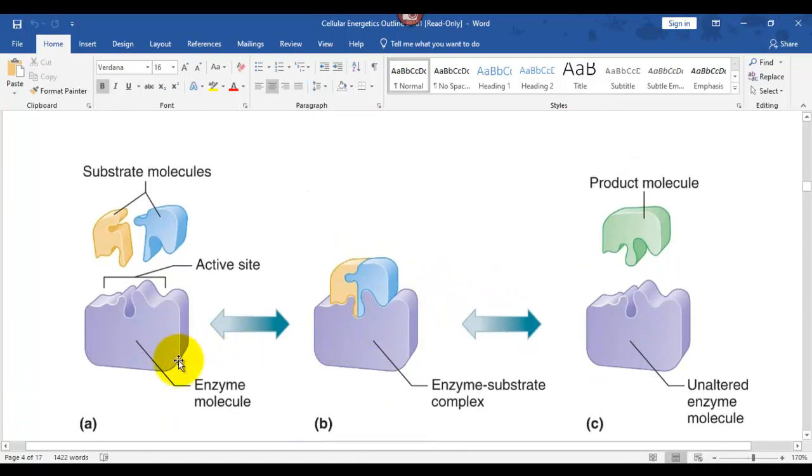So one more example, enzyme active site. Here's a situation where this is called anabolic, where you're taking two smaller substances and making a larger one. Going this way is called catabolic, and it's in those terms at the end of this list. When you have a large molecule and you split it into two smaller ones, that's catabolic.